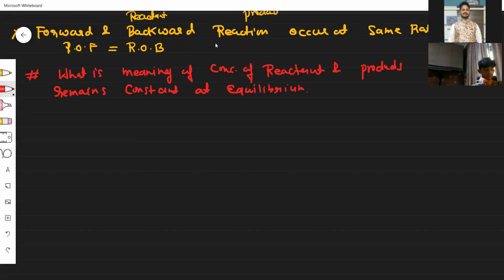So what it means? Like the rate of forward reaction is same as the rate of backward reaction, as I told you. Everything is connected with each other here. There's nothing like any separate concept going to arrive for this. As we know that rate of forward reaction is same as the rate of backward reaction at equilibrium.